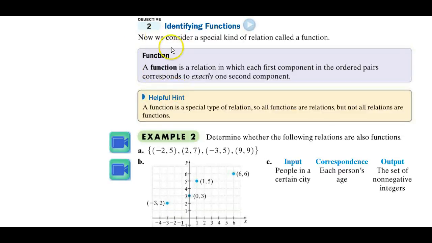And they are listed in your textbook. Here we're looking at function. And again, a function is a relation in which each first component, that would be the x value, in the ordered pair corresponds to exactly one second component. Again, the shorthand way is the x element is only used once.